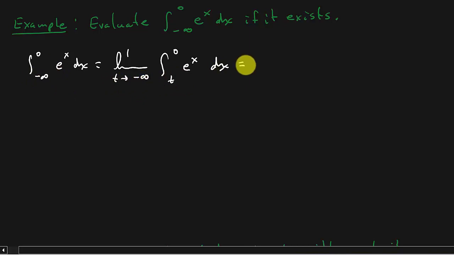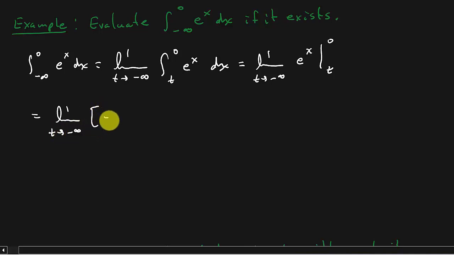We integrate e to the x, so this is the limit as t goes to negative infinity of e to the x from t to 0. That is equal to the limit as t goes to negative infinity of e to the 0 minus e to the t. And we've got to determine what this is.